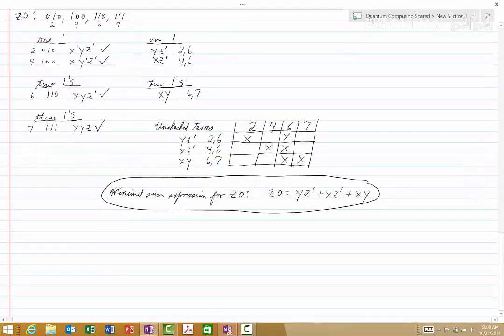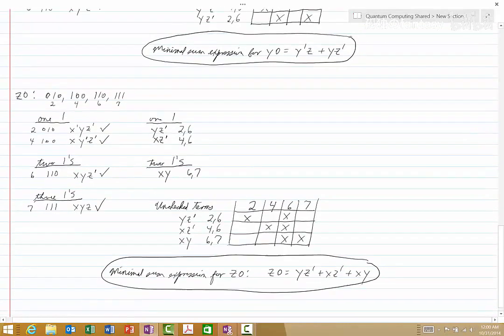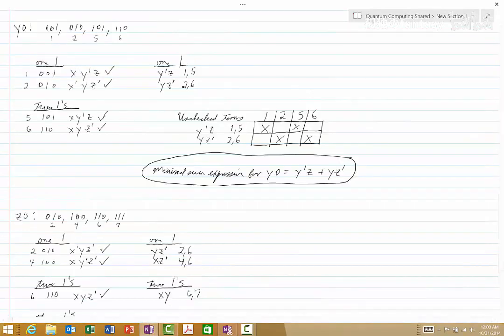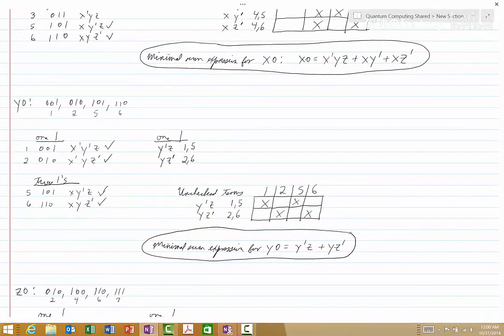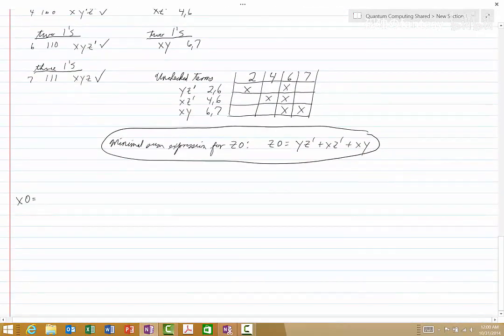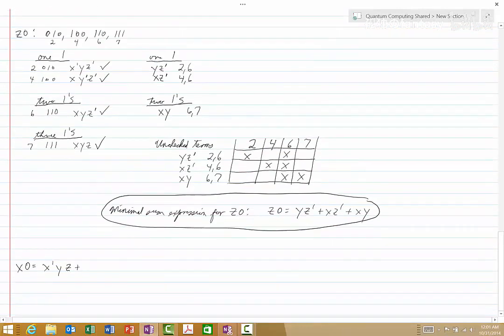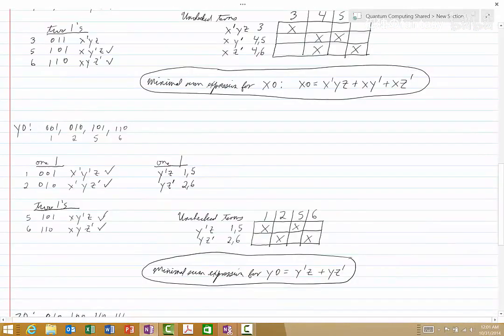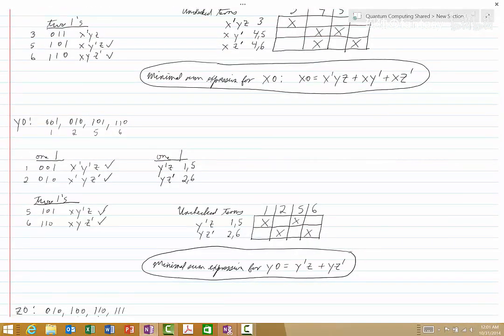Let's put together all of these expressions here. For X0, we had X prime YZ or XY prime or XZ prime.